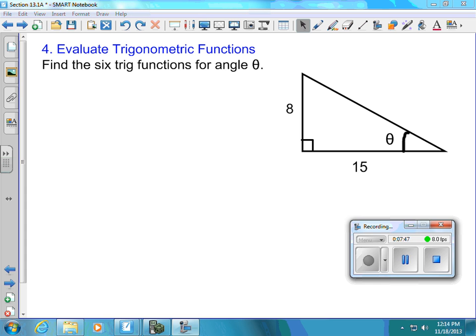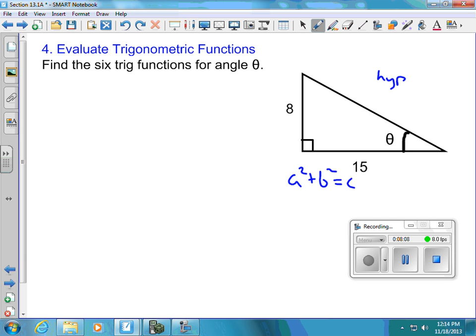So it says find the 6 trig functions for theta. Well, to find all 6 trig functions, I need to know all 3 side lengths. I only know 2. How am I going to find the hypotenuse? How am I going to find this side right over here? Well, I'm going to use the Pythagorean theorem: a squared plus b squared equals c squared.